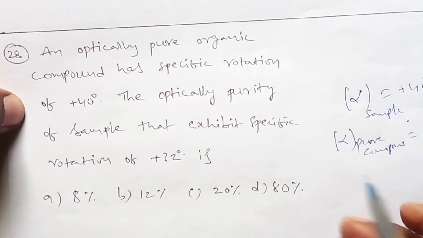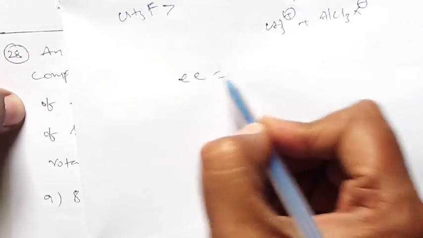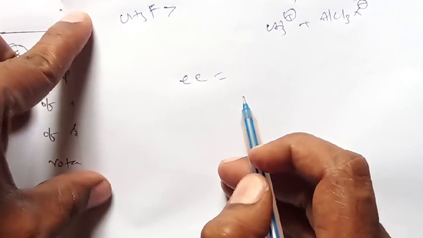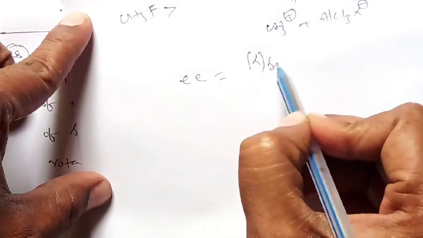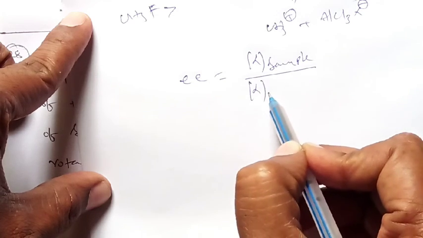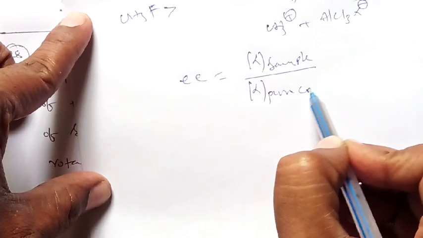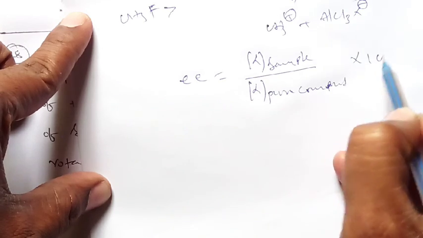As per this, there is one small formula: E, the enantiomeric excess, equals alpha of sample by alpha of pure compound, into 100.